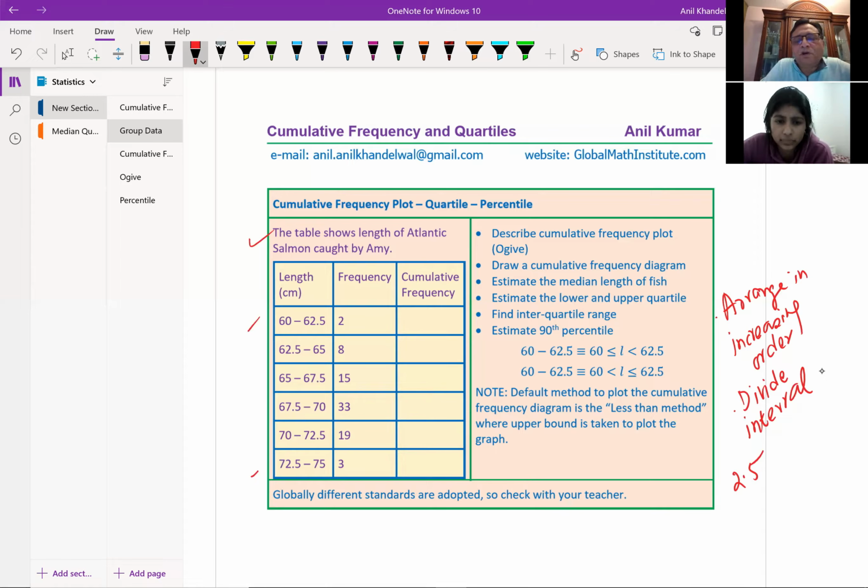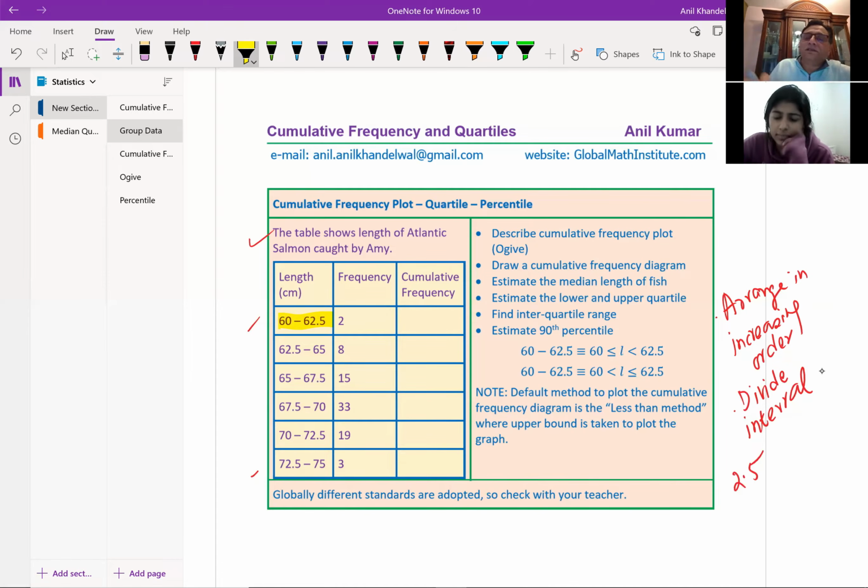I've not used inequality in this particular case, but I'm saying that my interval is from 60 to 62.5. Now I will discuss two ambiguities which are seen in many books and which are not clear. I'm not saying whether my values include 60 or exclude 60, or whether my value includes 62.5 or excludes 62.5 in the very first interval, 60 to 62.5.